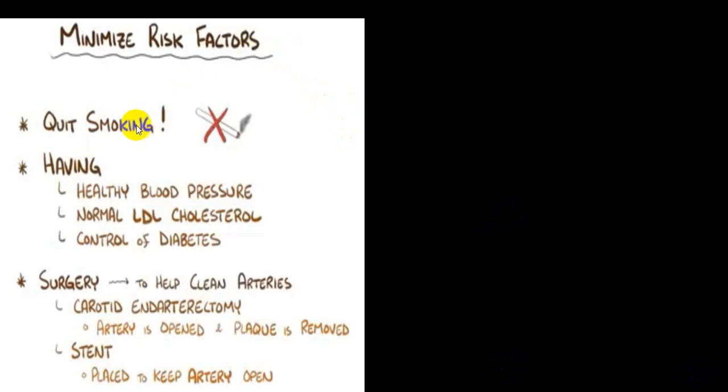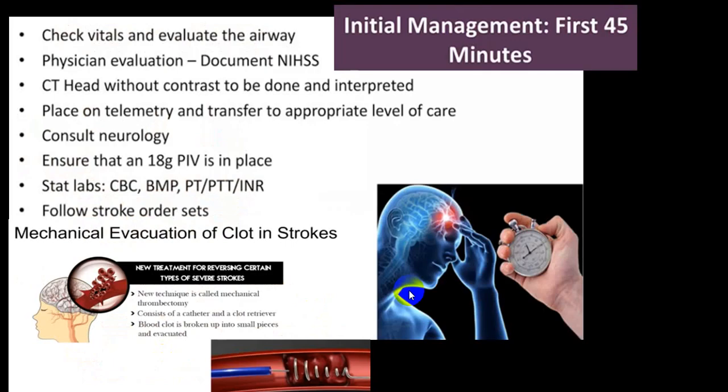Minimizing the risk factors like quit smoking, healthy blood pressure, normal LDL, we call it a rigid control of diabetes, and you might require a surgical intervention like carotid endarterectomy or stenting. These are all the things which you can go for.